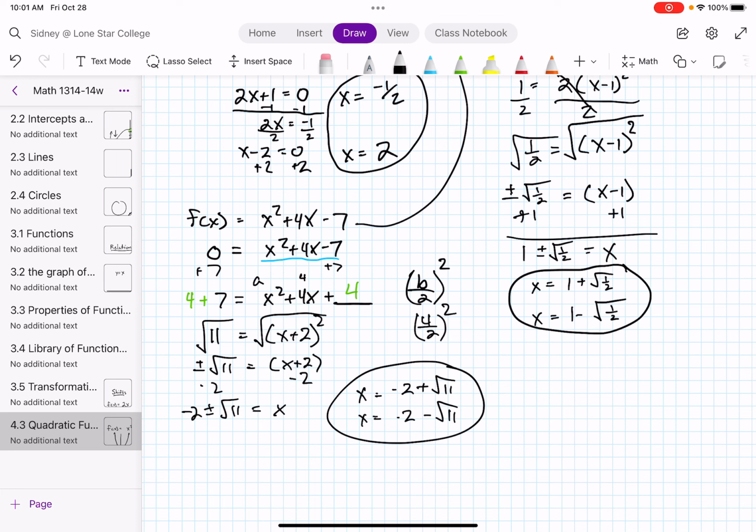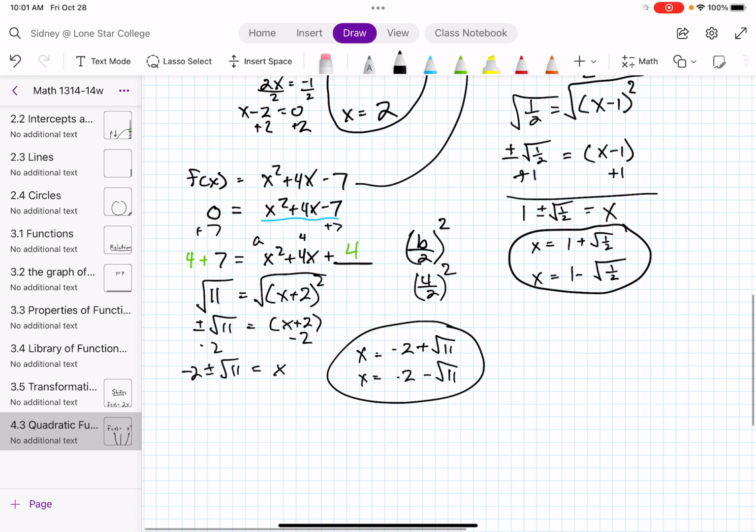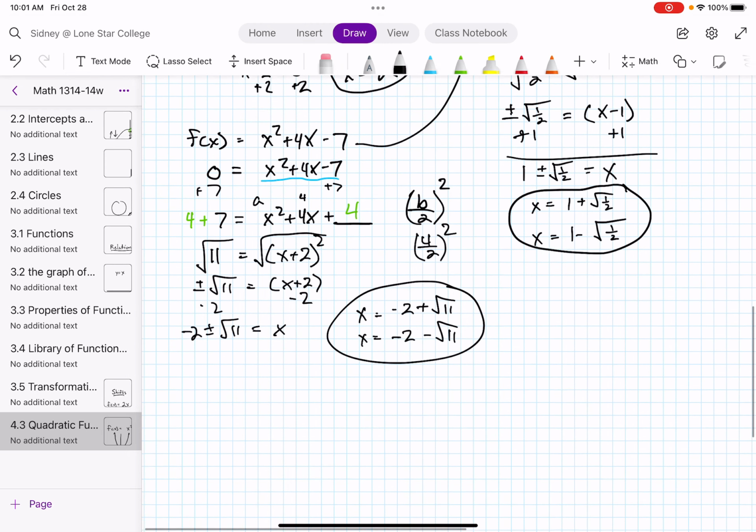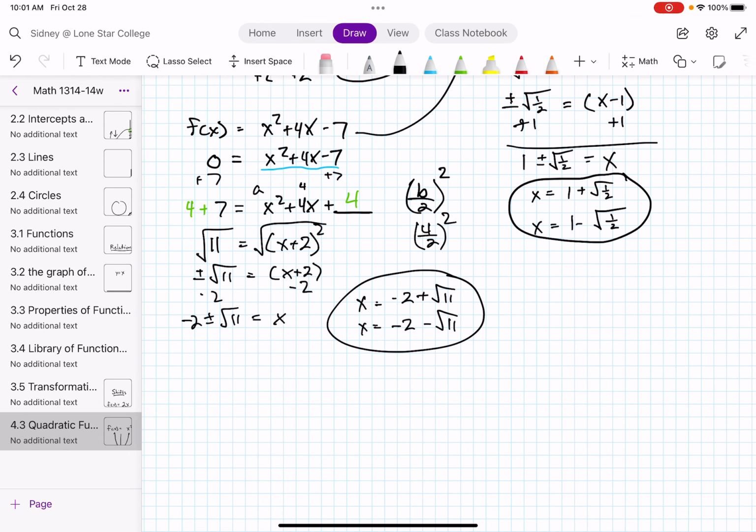So we can complete the square to find the zeros, but there's also a little more generic way. And ultimately, this generic way is very similar to what we just did. It is completing the square, but it's completing the square of the general form of ax squared plus bx plus c.